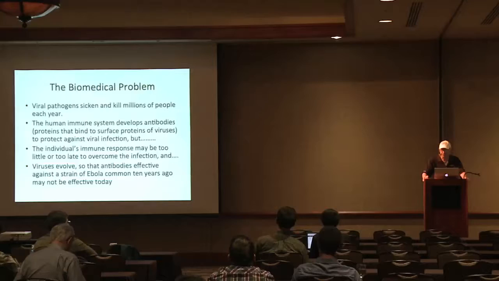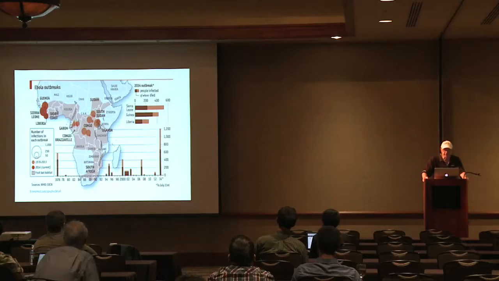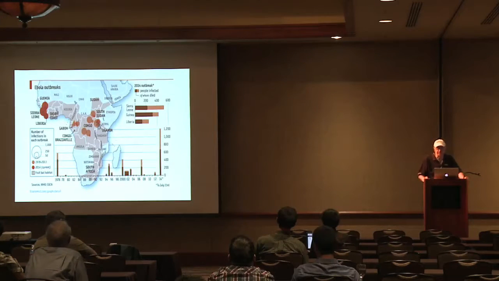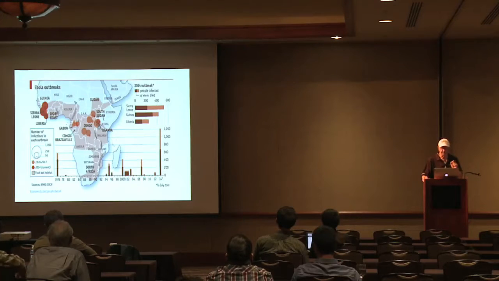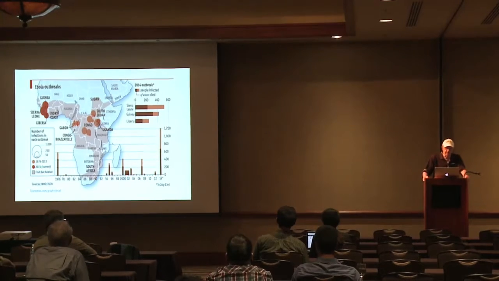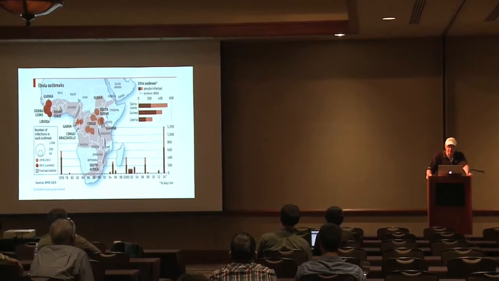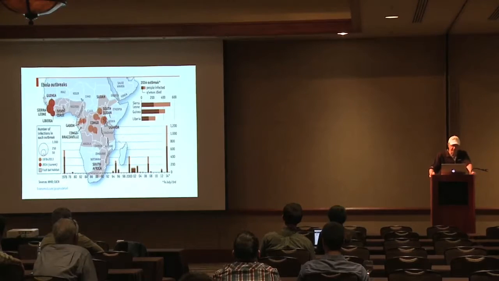So we're in a continual evolutionary arms race, our immune system against all the infectious pathogens in the world. And the stakes are very, very high, and the reason Ebola has become such an important issue, an issue that captures people's attention, is that half or more of the people who contract Ebola die.